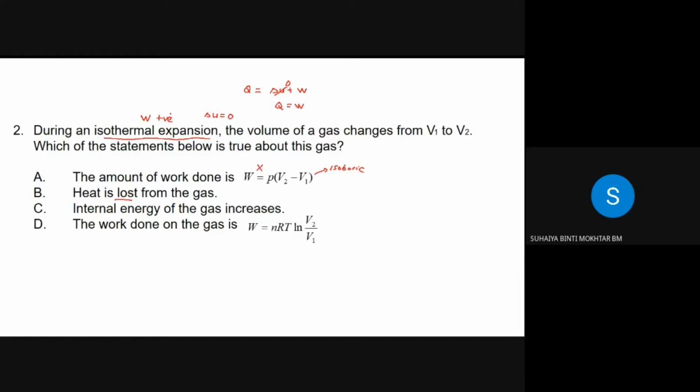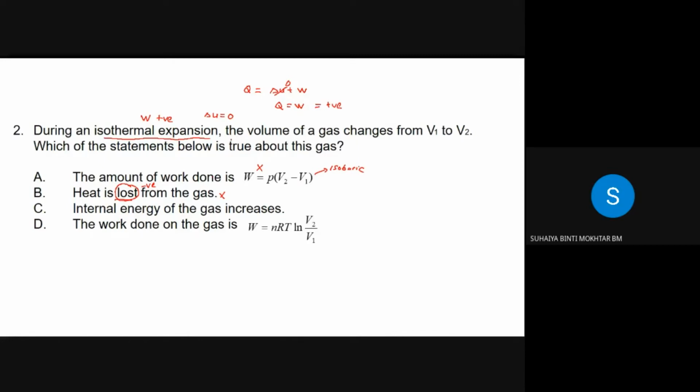And work done is positive, so Q is also a positive value. If heat is lost, Q must be negative, right? So that is out. Q equals work done, and since the gas expands, work done should be positive. So B is out.